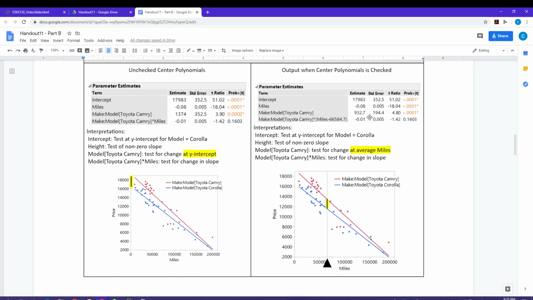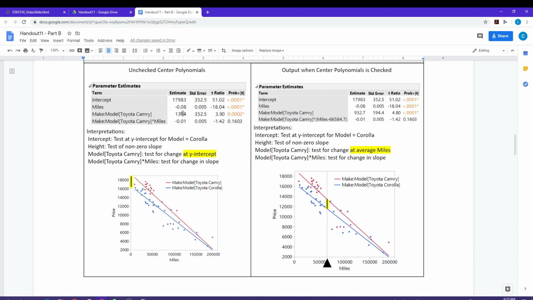So it's actually not testing at the y-intercept, but it's instead testing right in the middle of my data. So that jump between the two, in the middle of my data, the jump between the Corolla and the Camry is 932 in the middle, and it's about 1,375 over here on the edge.